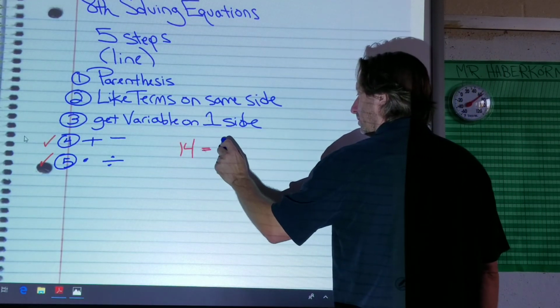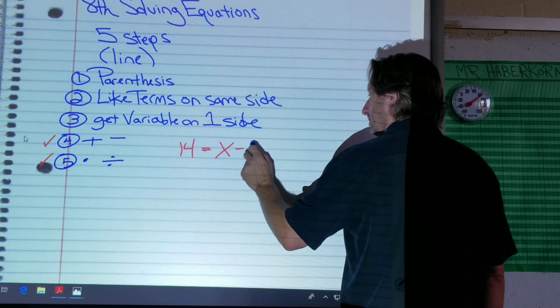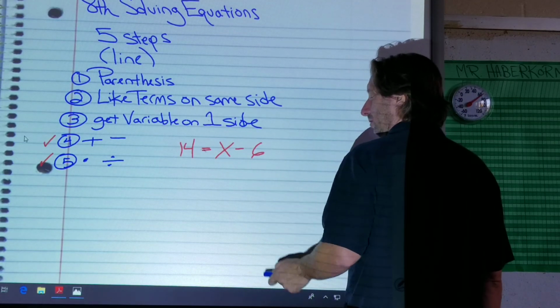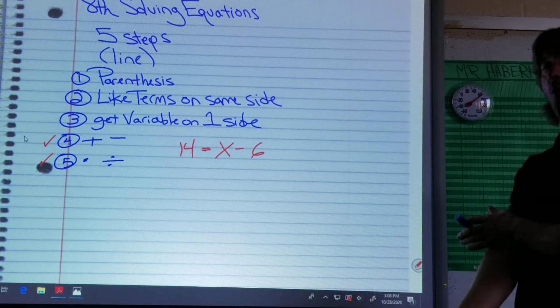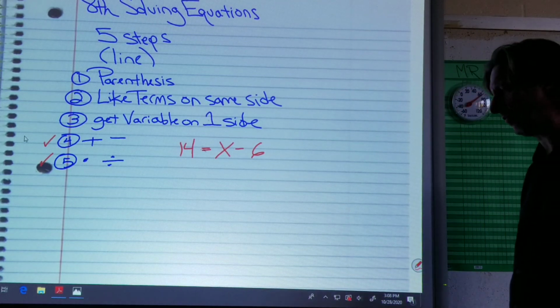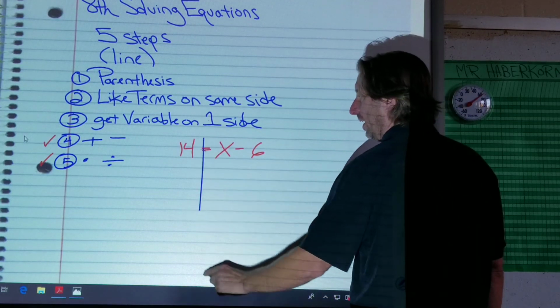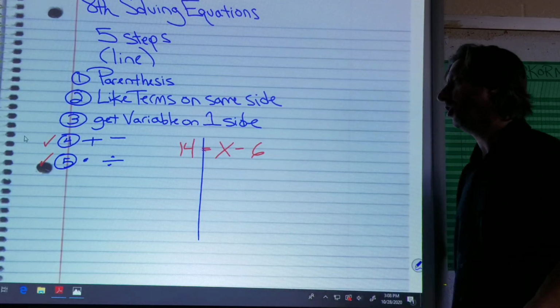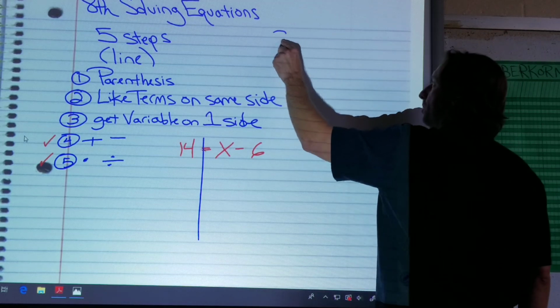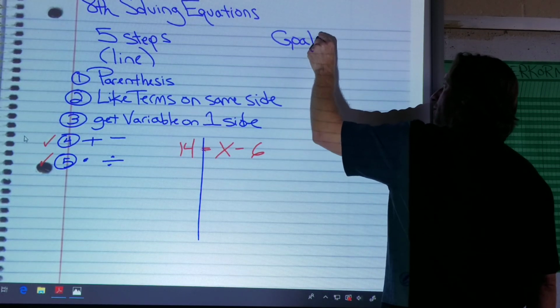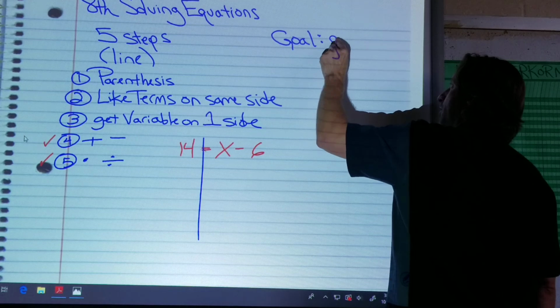We'll just say 14 equals x minus 6. All right, so simple equation, right? 1-step equation. Last year we talked about how to do these, and I want you to do them the same this year. We draw a line through the equal sign, and remember your goal for solving equations is to get the variable by itself.